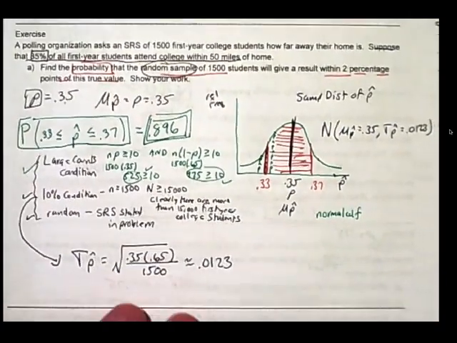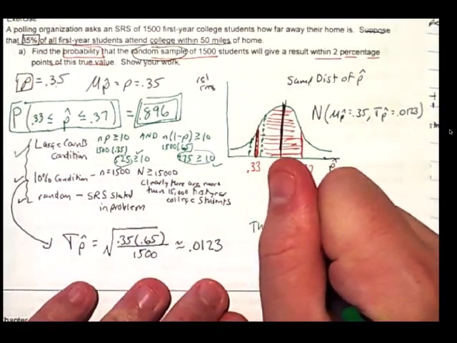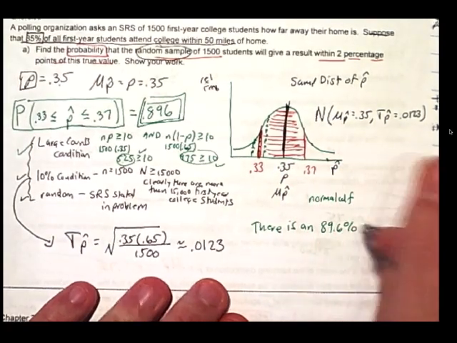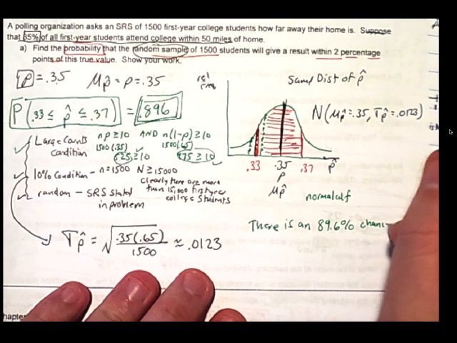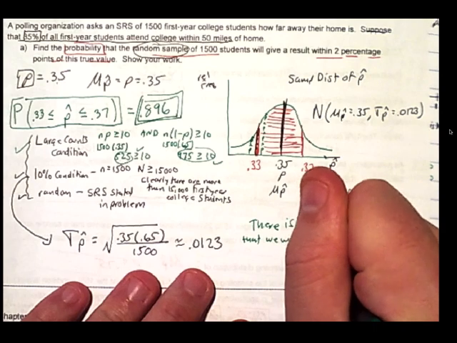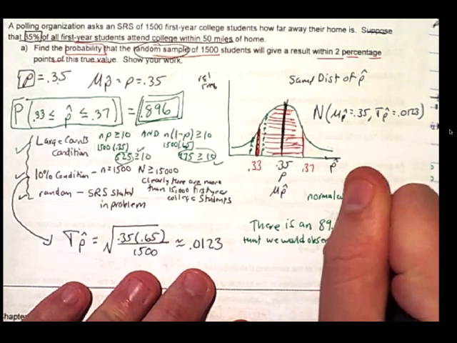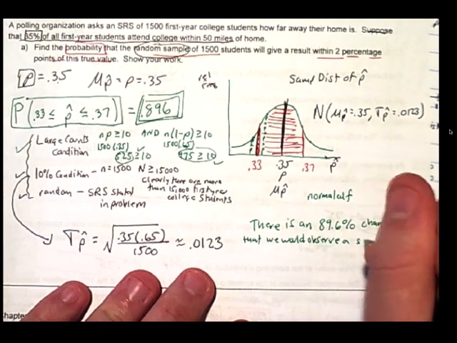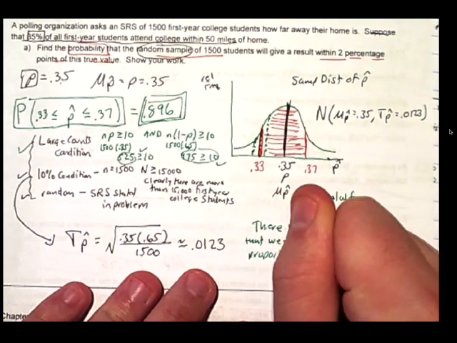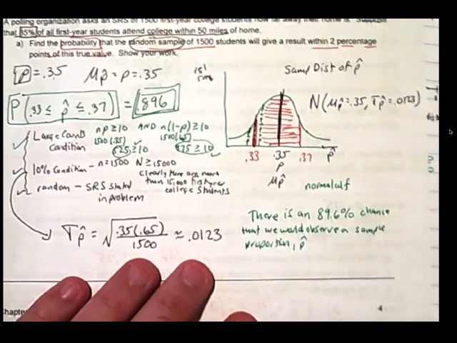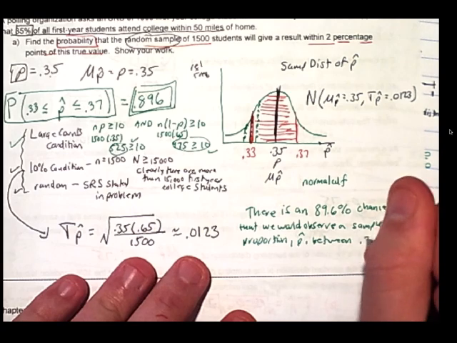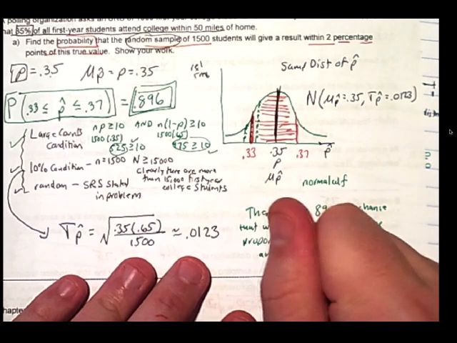Let's write a quick sentence to explain the answer. There is an 89.6% chance that we would observe a sample proportion, a certain p hat, between 0.33 and 0.37.